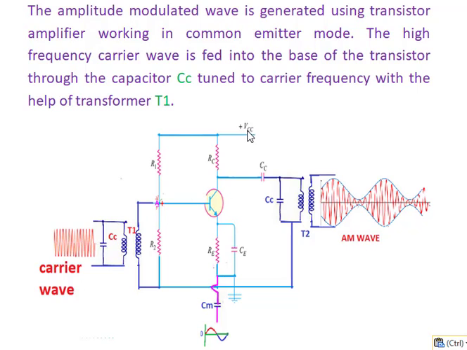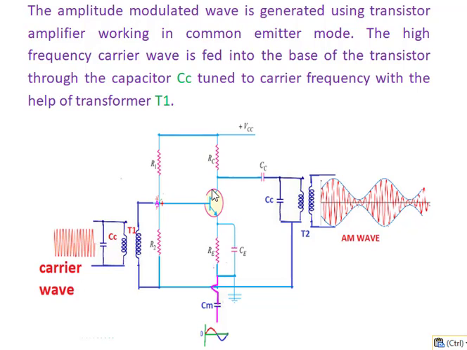So the positive voltage is given to the base through the potential divider resistors R1 and R2 with the help of the external power supply plus VCC, and the collector is given a reverse bias through the resistor RC, as this terminal is made up of n-type material.